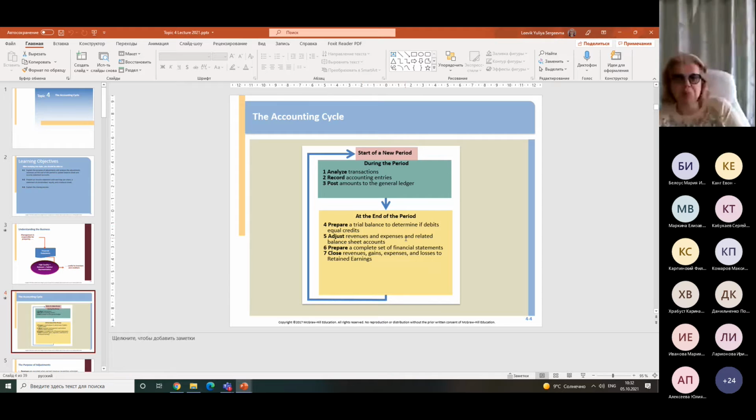But at the end of the period, we should prepare, on behalf of the company, the set of financial statements. In order to prepare financial statements, companies must follow the following steps. First of all, prepare a trial balance, to determine if debits equal credits. After that, adjust revenues and expenses, and then prepare a complete set of financial statements. And finally, close temporary accounts such as revenues, gains, and expenses to retained earnings.